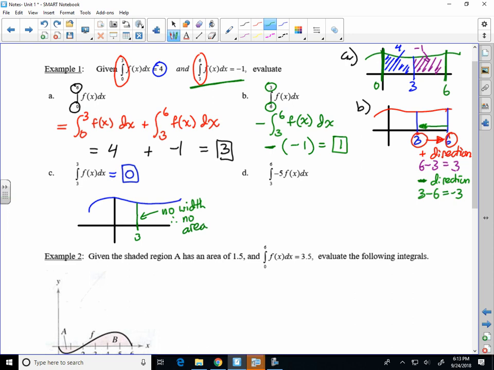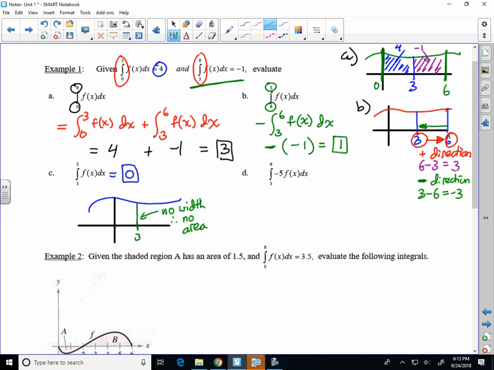You have a height, but area is base times height. If the base is equal to 0, 0 times the height is 0, so you're going to get a result of 0. If you always have it in your mind that you're looking for areas when you're finding a definite integral, it tends to answer a lot of your questions.